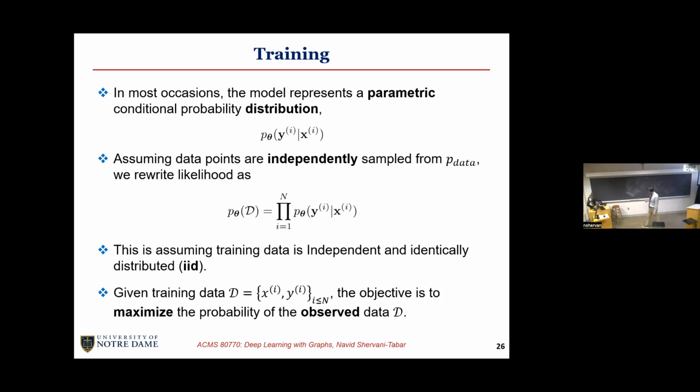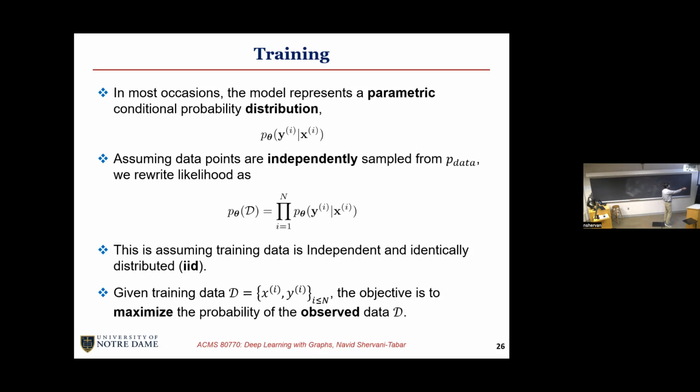That's a cornerstone of this type of solution, the MLE approaches. So if they're independently sampled, we can represent them as a multiplication of the conditional probabilities of each data point in our observation or training data.